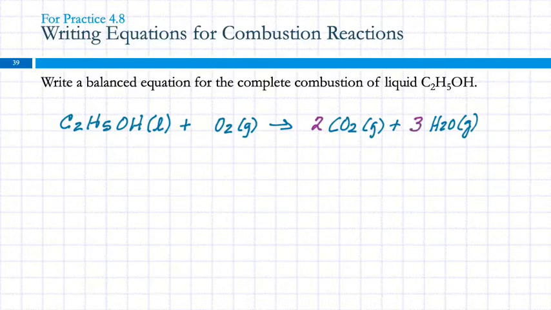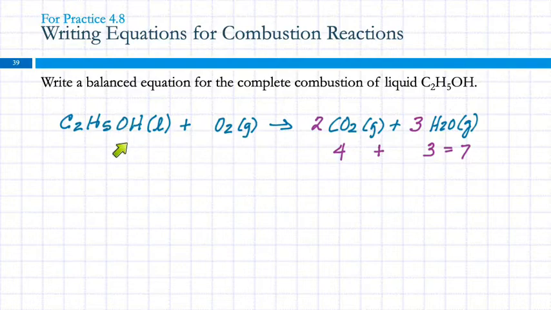And now we'll cross our fingers and hope that the oxygens are going to work out okay. Over here I have 1 and 2. I've got a total of 3. And over here I have 4 oxygens in that one and 3 oxygens in this one, right? 4 plus 3 is a total of 7. So I need to get 7 over here.